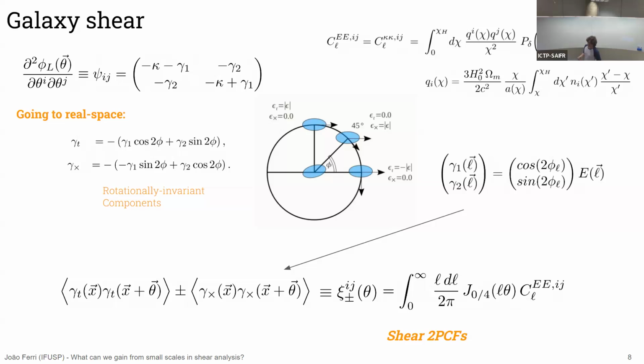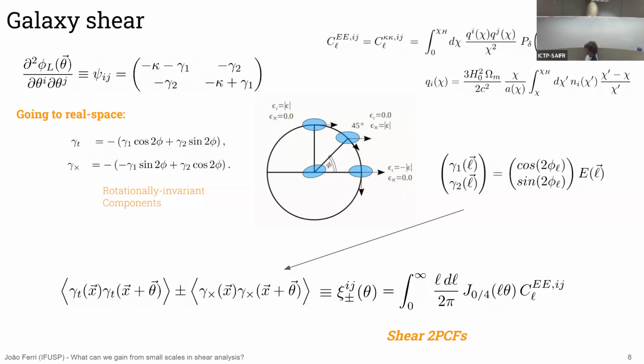But when I look at the last formula, it looks like gamma T and gamma cross are built out of gamma 1 and gamma 2, and then you express them in terms of CEE. CEE itself is relative to kappa, right? Yes.